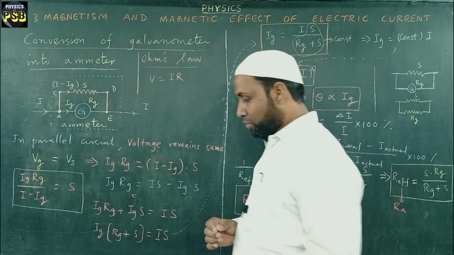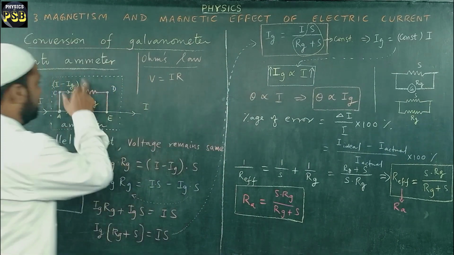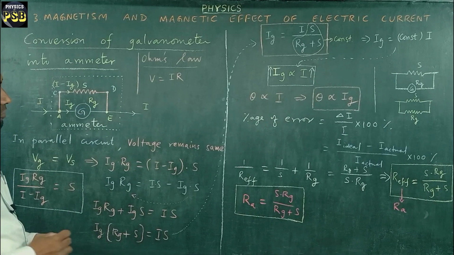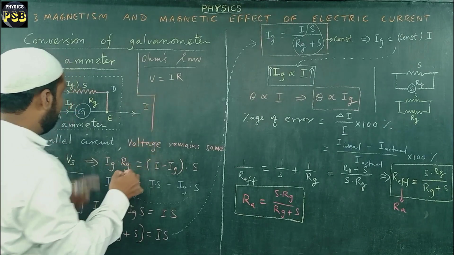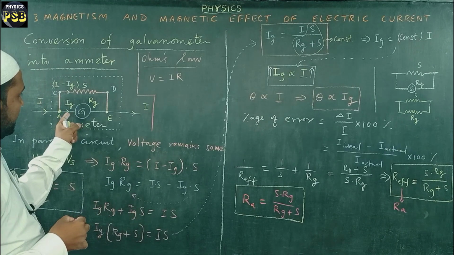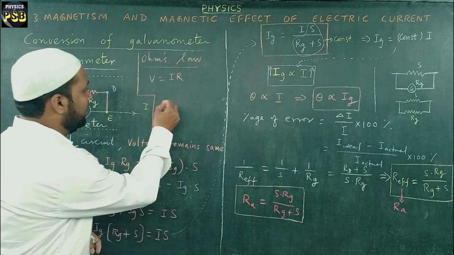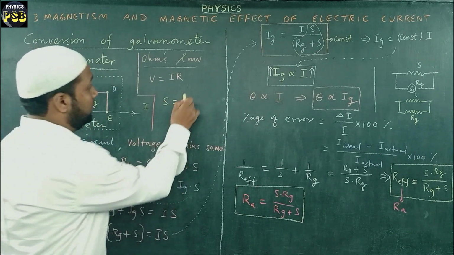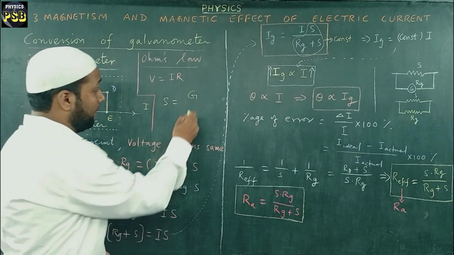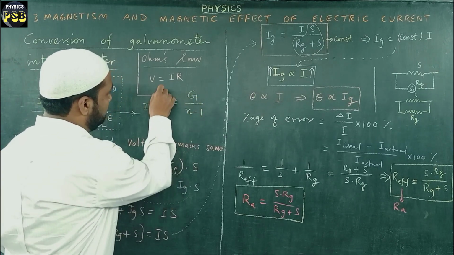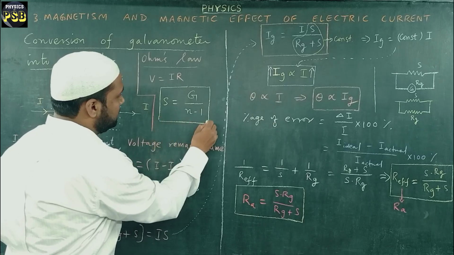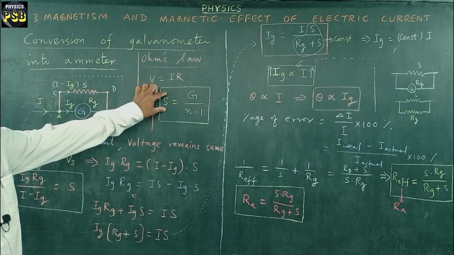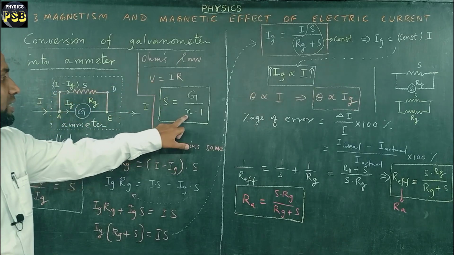In such case, what I will do, I need to change the value of S. So in such case, the value of S, suppose if I want to increase the range of ammeter n times, then I will select the value of S to be equal to G upon n minus 1. Okay. Using this equation, one can easily select the value of S to change the range of the ammeter n times.